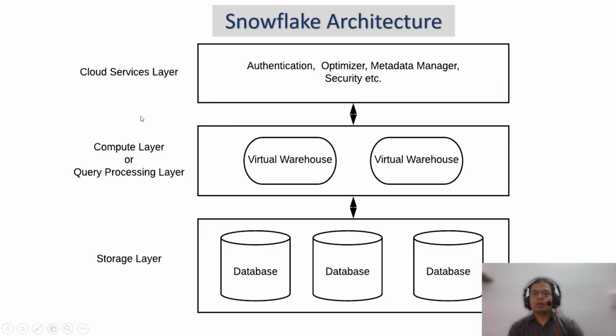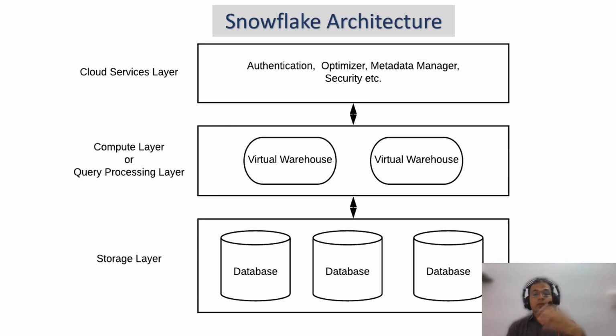So this is how Snowflake divides the whole process into three tiers. The advantage of this is that whatever our actual use case is, we pay for it. Let's say we want high storage and less compute, then Snowflake has a provision for that.